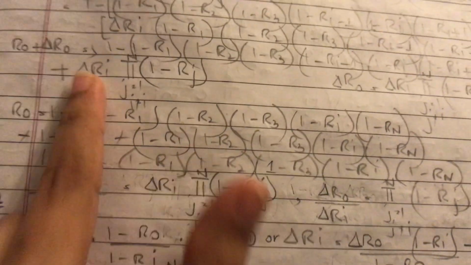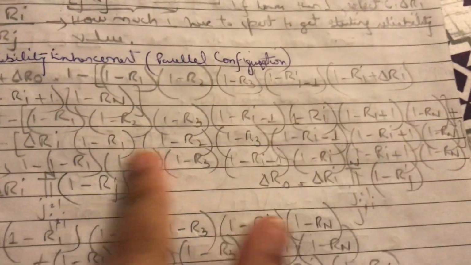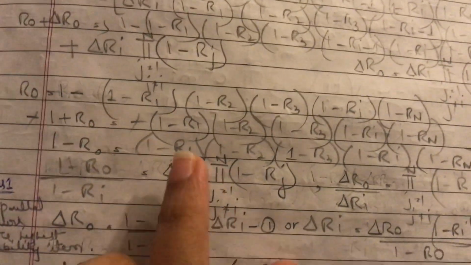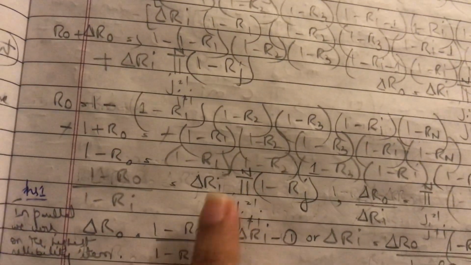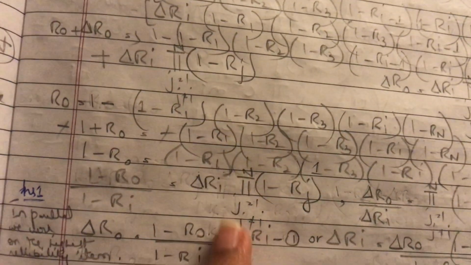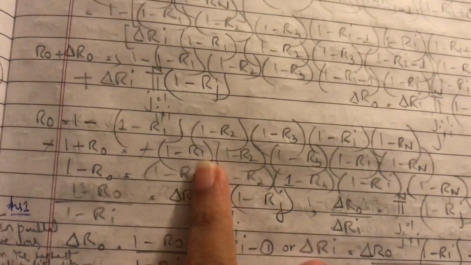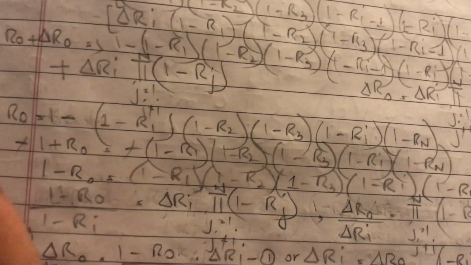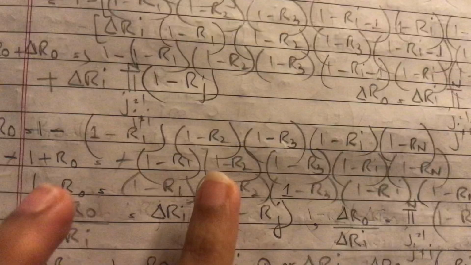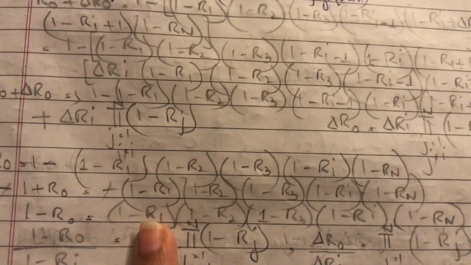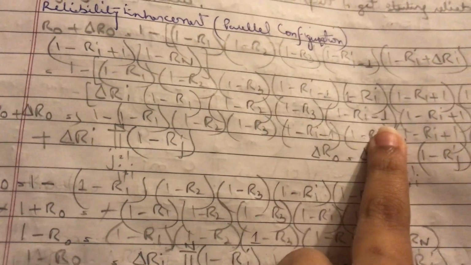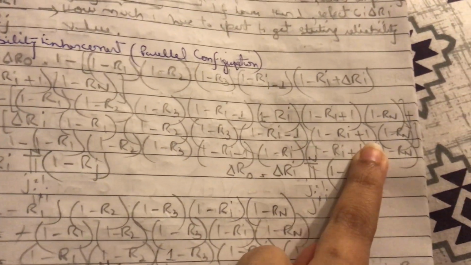Because this delta Ri comes from here, and this whole thing above is basically the product from j going from 1 to n, where j is not equal to i, of 1 minus R of j. So it's the product of all the j's going from 1 to n, as you see that R1, R2, R3 are there, up to Ri minus 1, Ri plus 1, and R of n.